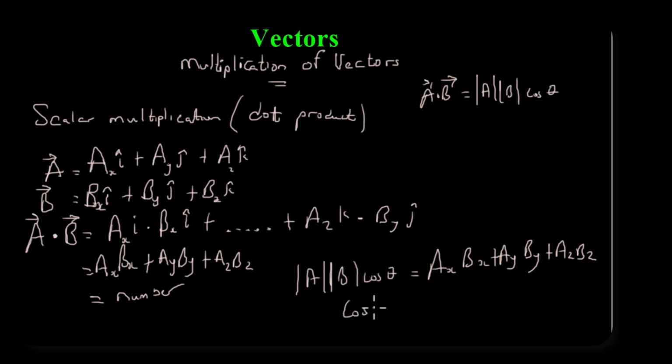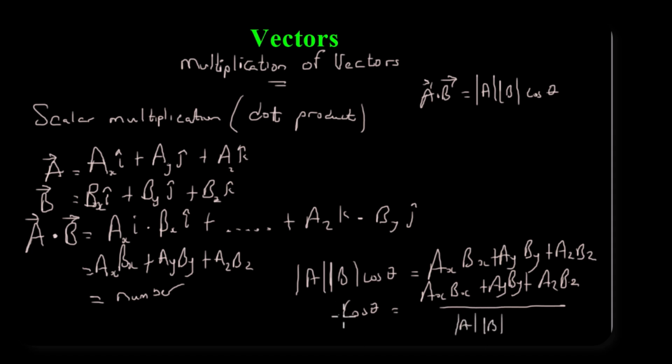And then cos theta will be equal to AX BX plus AY BY plus AZ BZ, everything divided by the magnitude of A times the magnitude of B. And theta will now be the cos inverse of this.